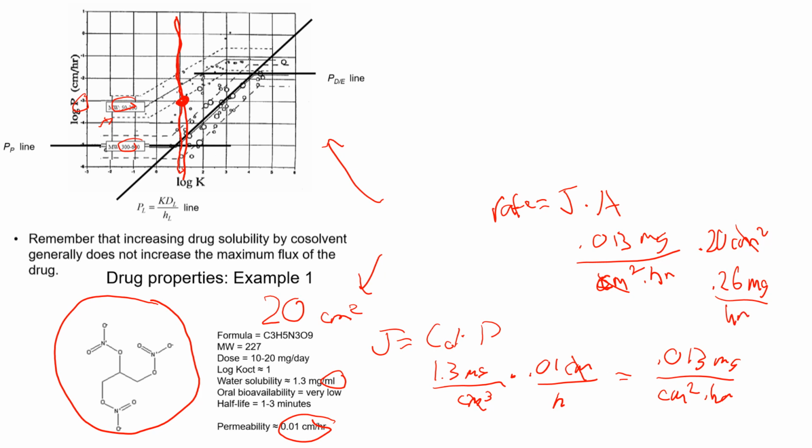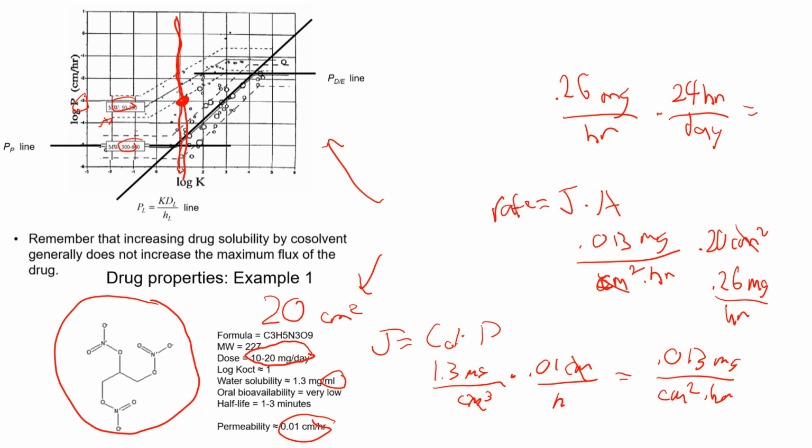The dose we need to deliver is 10 to 20 milligrams per day, so we do have one more step. We need to do 0.26 milligrams per hour times 24 hours in a day, just to see if we can deliver that.